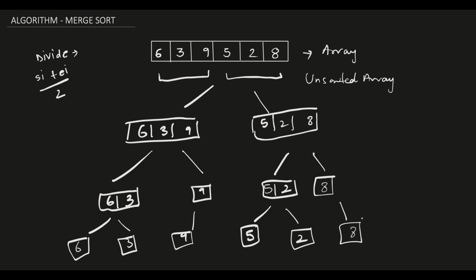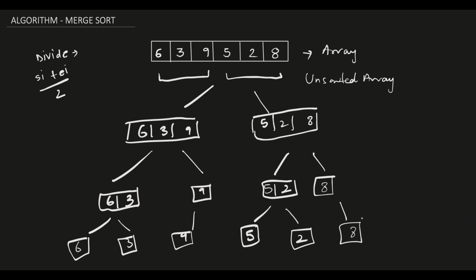Now we have divided our complete array into smaller parts, till the element count is only 1. After getting these single elements, we have completed step 1.